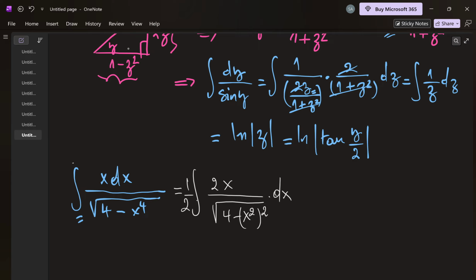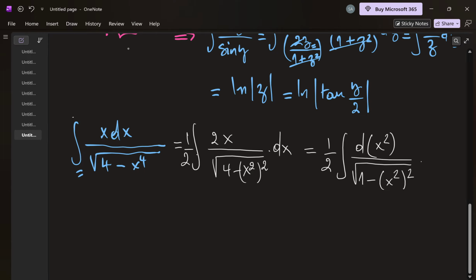Now this is actually equal to 1 over 2, and remember that 2x dx is actually the derivative of x squared, over the square root of 4 minus x squared all squared.